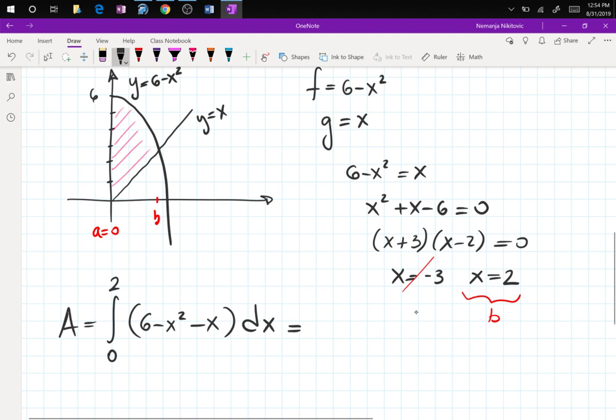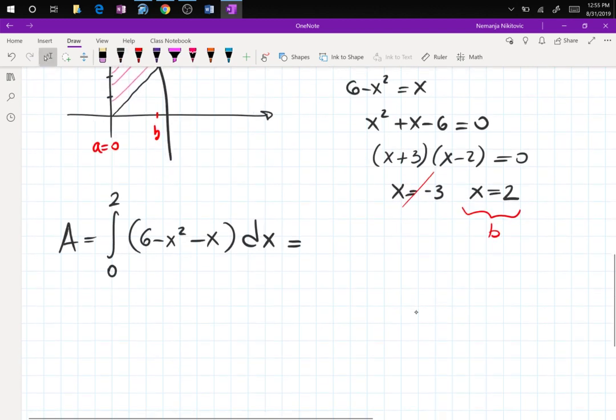And now we integrate and compute using Calc 1. 6x minus x cubed over 3 minus x squared over 2 calculated from 0 to 2. You plug in 2 everywhere minus plug in 0 everywhere.